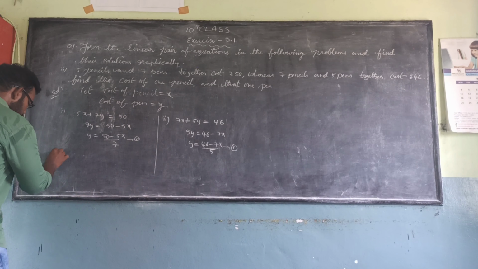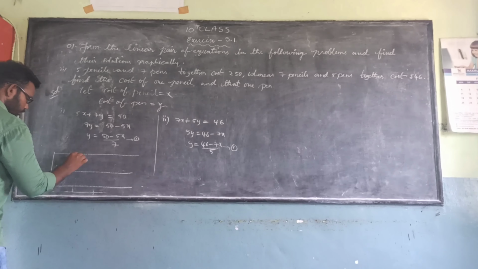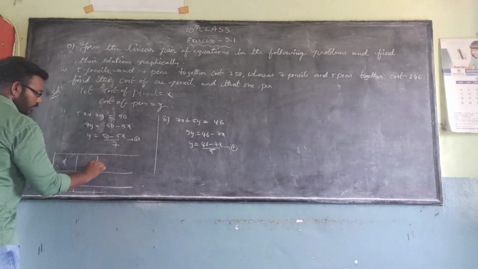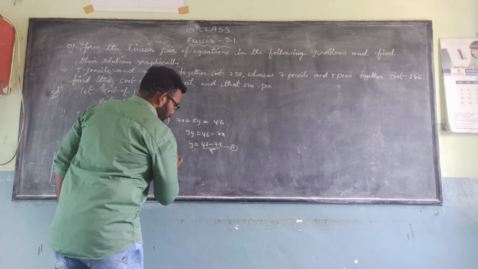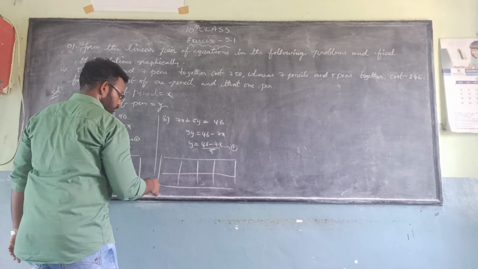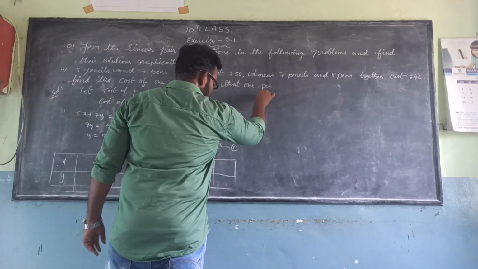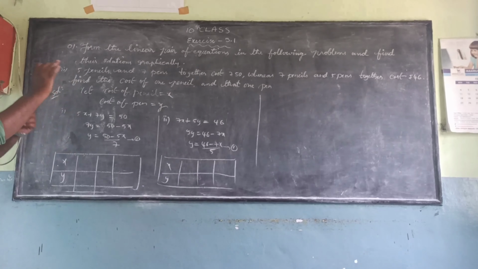So we have to draw tabular forms for both the equations, x, y. Here also x, y. I am doing rough work here.